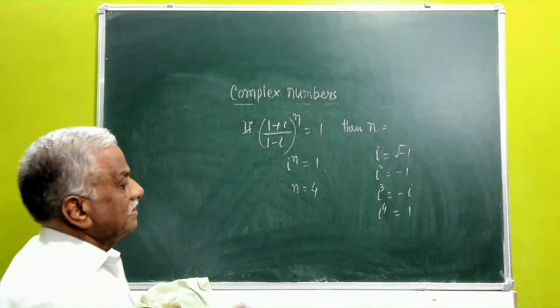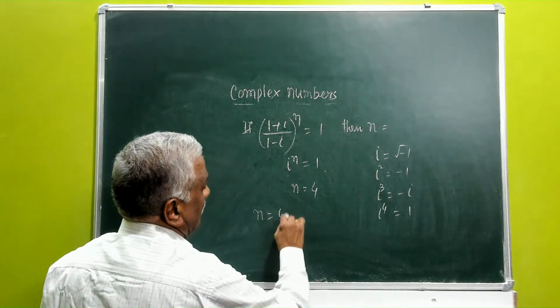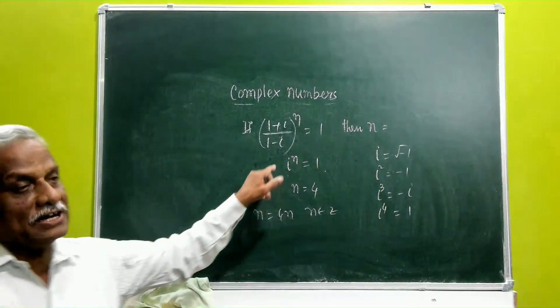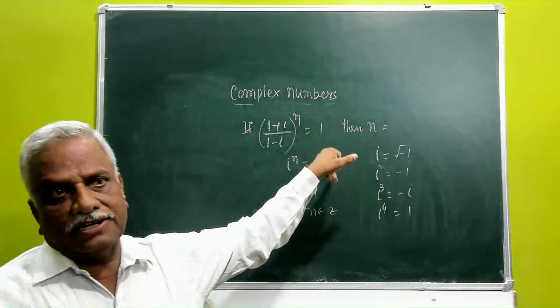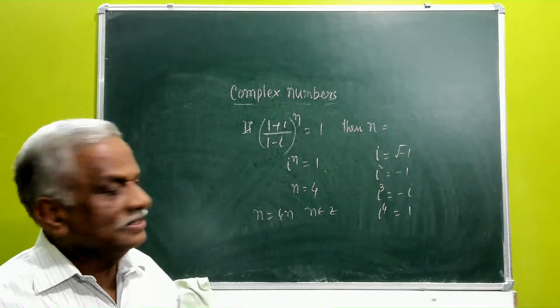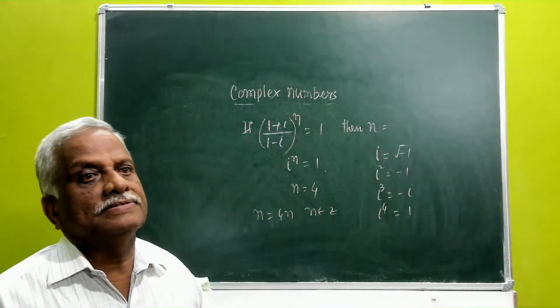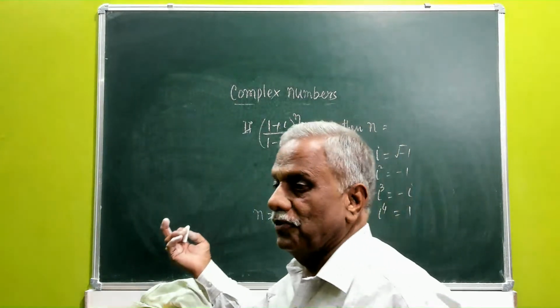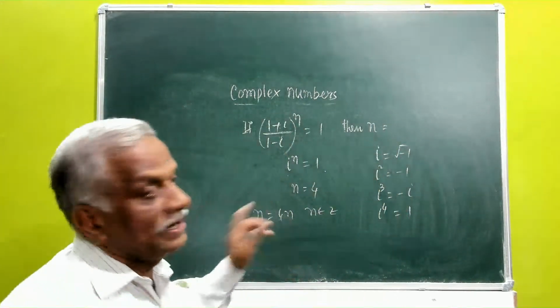Sometimes they give the answer as n is equal to 4n, or n belongs to z. That means if you get i to the power of n equal to 1, that number n should be a multiple of 4. If they have given the answer as 4, you can take that. Sometimes they don't give 4, they will give you multiple of 4. That means you can write 4n.